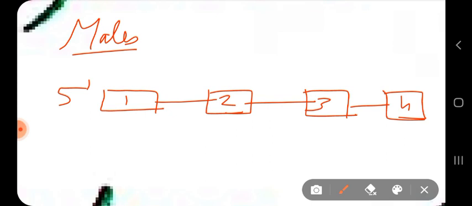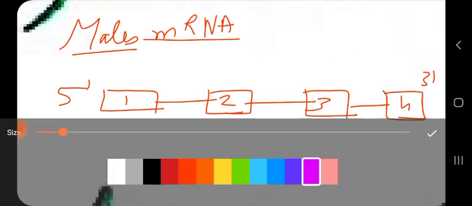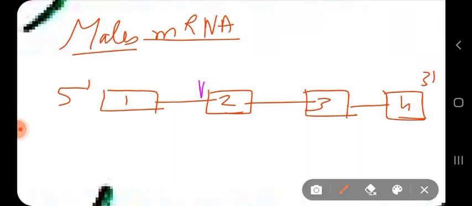Now it is saying that within the males, in the mRNA that codes for the TRA protein, within the upstream, that means towards the 5 prime end, there is a 3 prime splice site, that is an upstream acceptor site, which contains an early stop codon.